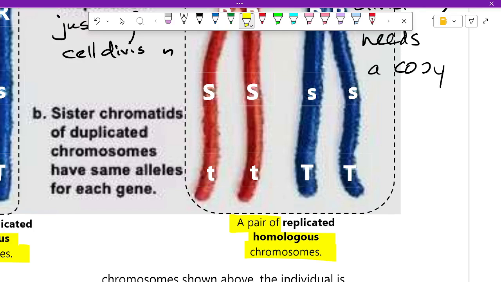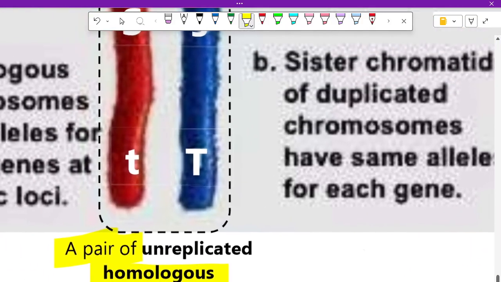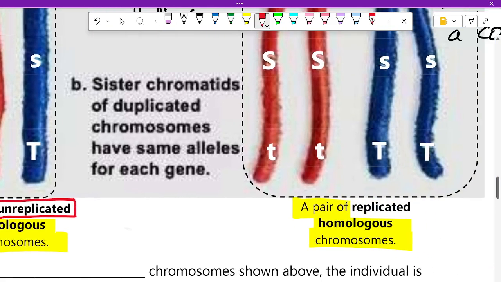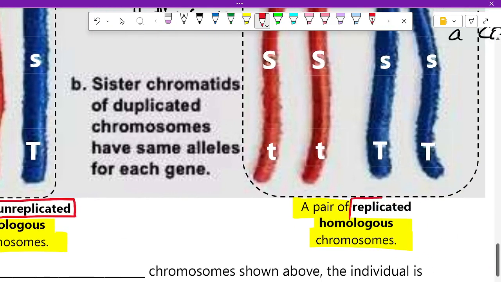The difference between them is that we call the ones on the left unreplicated, and we call the ones on the right replicated. So if it just looks like a stick, that is unreplicated. Unreplicated looks like a stick. Replicated chromosomes look like an X.